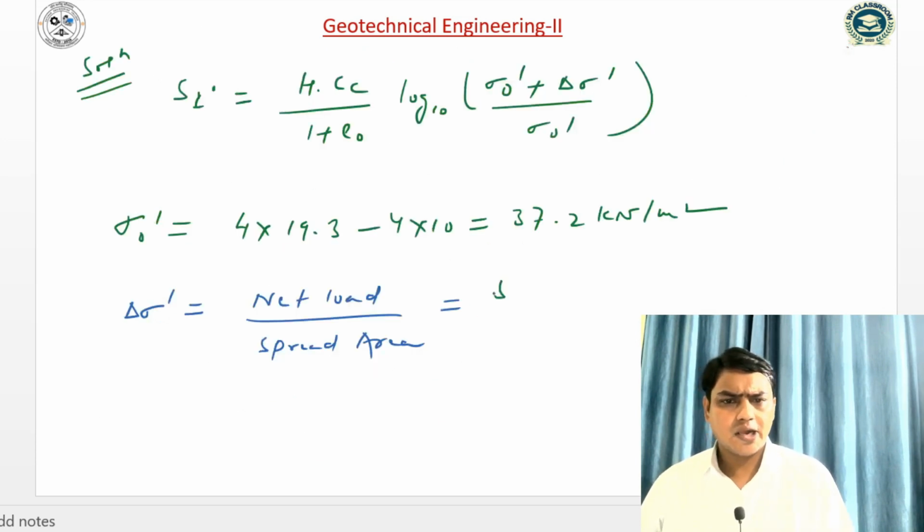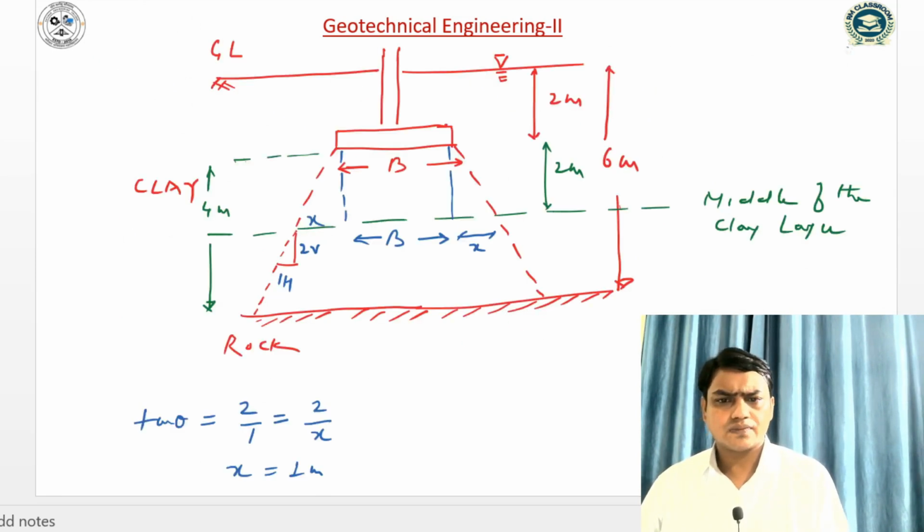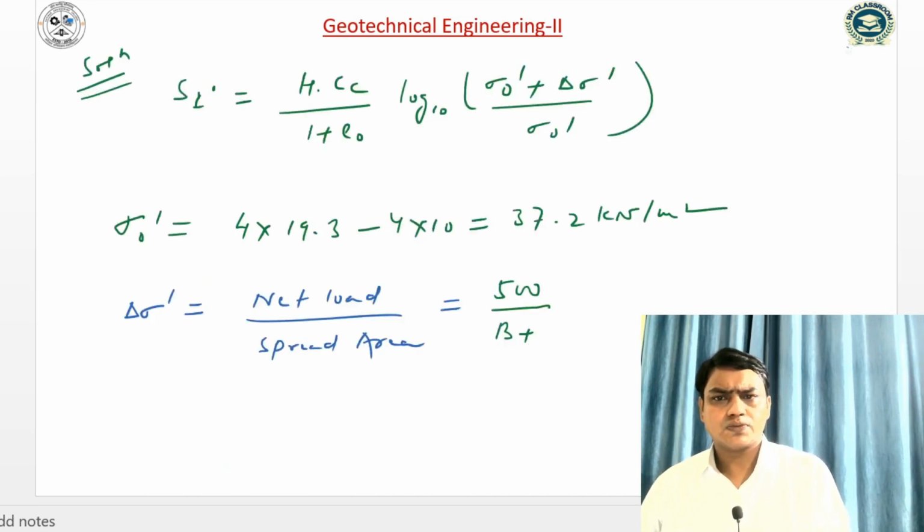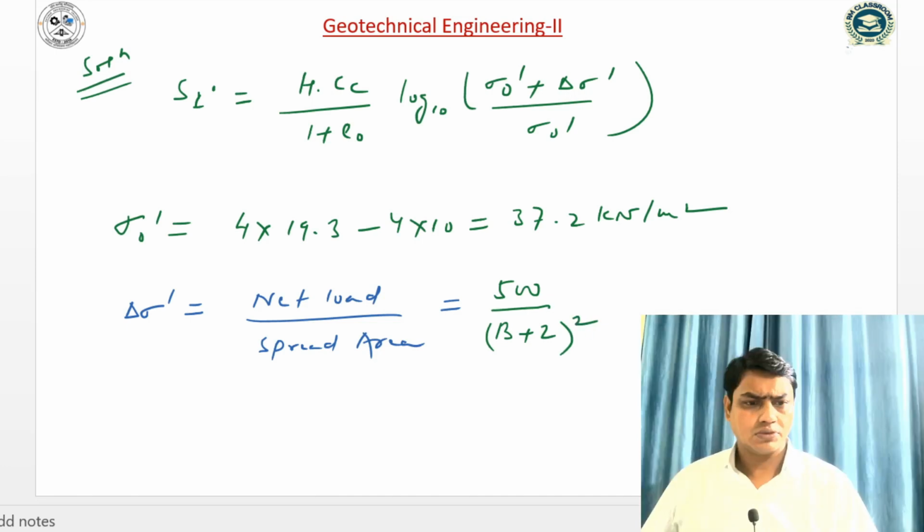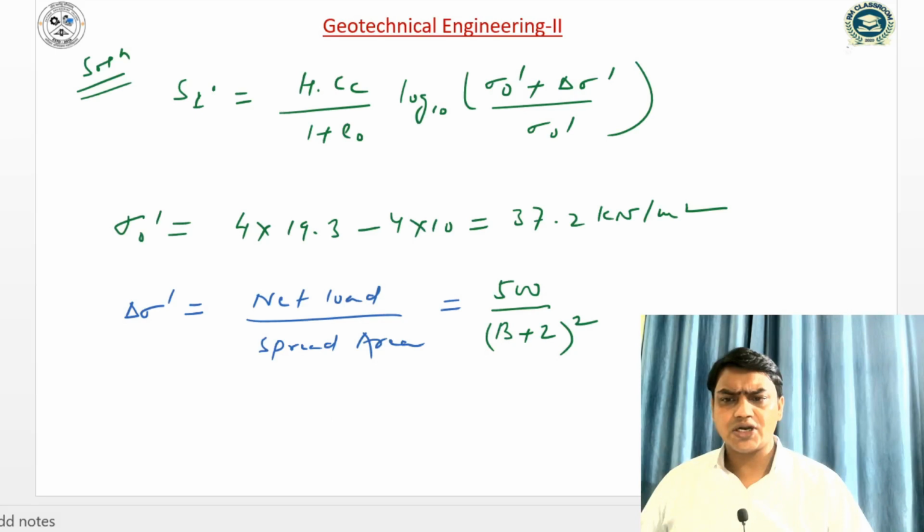So 500 divided by B plus 2, since x is 1 meter, whole square. So here primary consolidation settlement is given, that is 120 mm. If I put the value of settlement, height, compression index, we can compute the value of B.